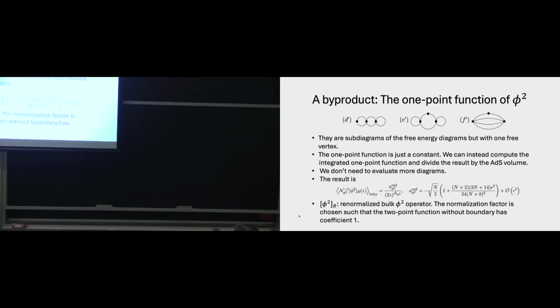And the factor is chosen such that this operator has a two-point function coefficient equal to 1 without a boundary. So it means that the two-point function of phi squared with phi squared is exactly 1 over x to some power.